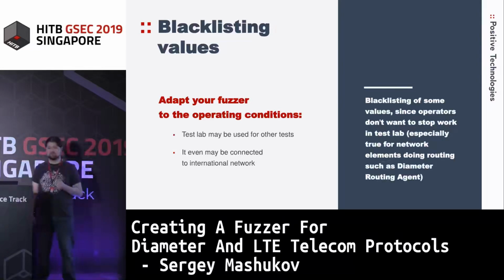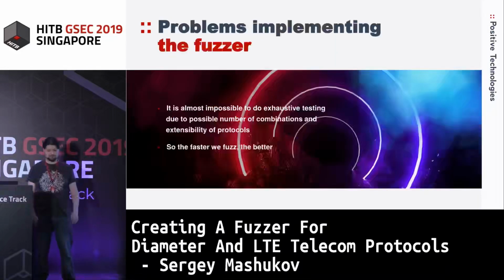The other problem is purely on the administrative level. The test lab is always booked. It is always used for other tests. And well, you come with the security guys, they say, okay, we are going to do fuzzing, everything will be all right. And the guys handling the labs just say, no, we can't give you the node. No, you have to work tonight. No, we have tests, please don't touch anything.